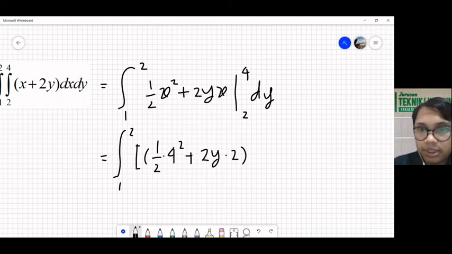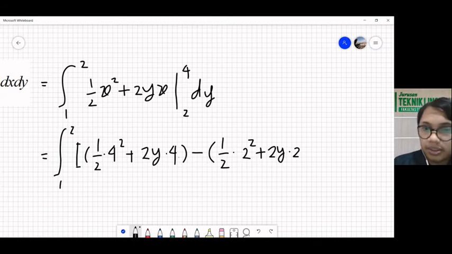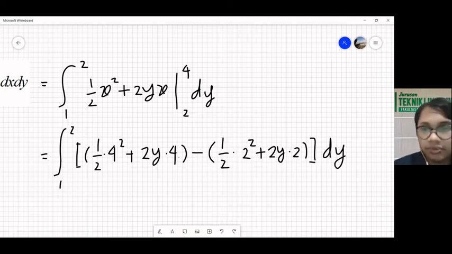And for the limit, the second part, we write the negative. So it becomes one half times 2 squared plus 2y times 2. I'm sorry, this part is 4. And we write the dy because we have not yet solved this dy part.